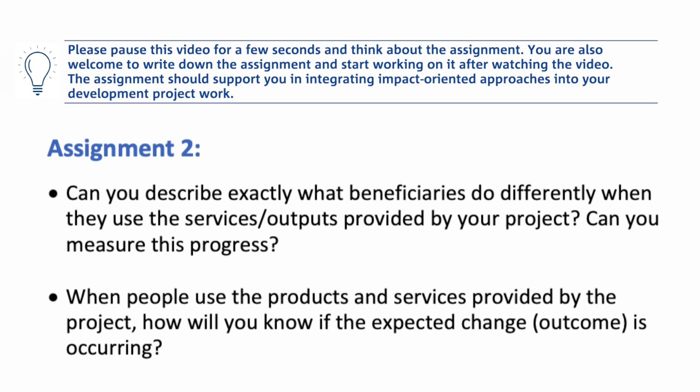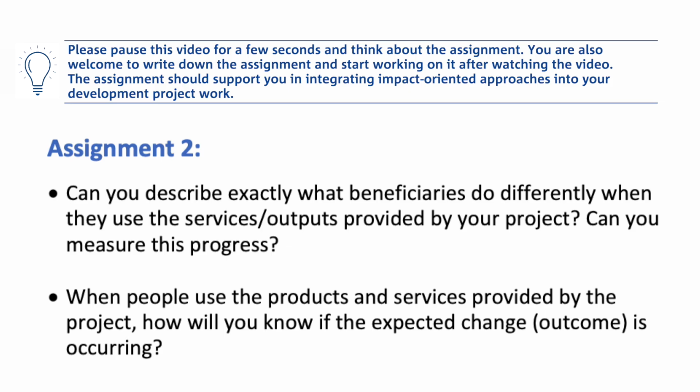Can you really identify this step in your project? And if not as part of your log frame, can you describe it for your own reflections? And can you measure whether there is progress or not? Because this is central for your project steering.